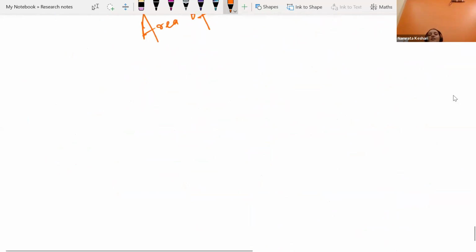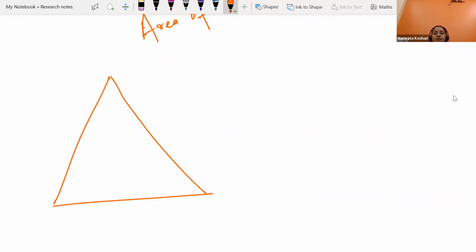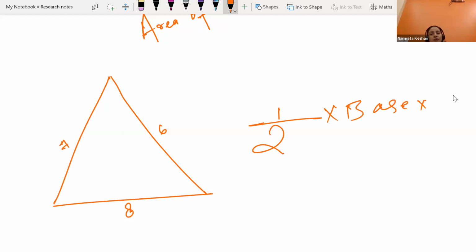Irshad, in the first class where I was giving the introduction, we discussed that when we have a scalene triangle, like this is 7, this is 6, this is 8, then we won't be able to find the area by using this formula, because we don't know the height, and that's why we are bound to use Heron's formula.